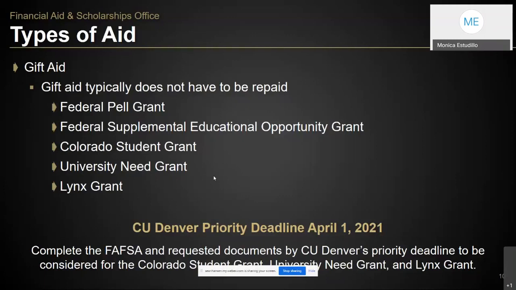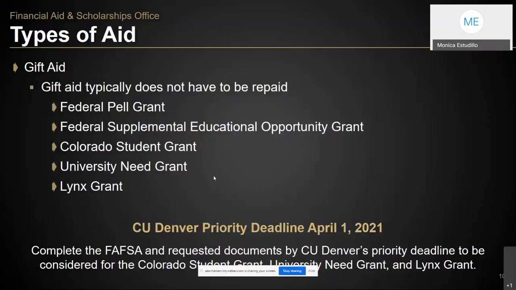So these are just the grants that we have at CU Denver, and every school has different funding that they offer. So that's why it's important to get your application in, the sooner the better, to any schools that you want to go to. That way, you can see, hey, this school is offering me a lot more free money than this school.